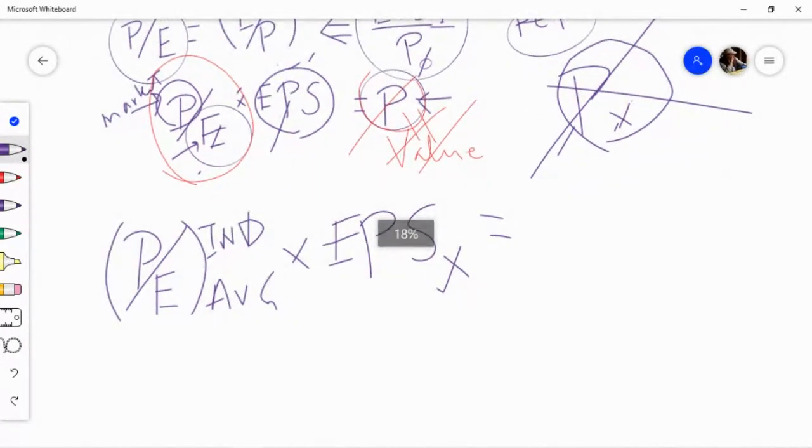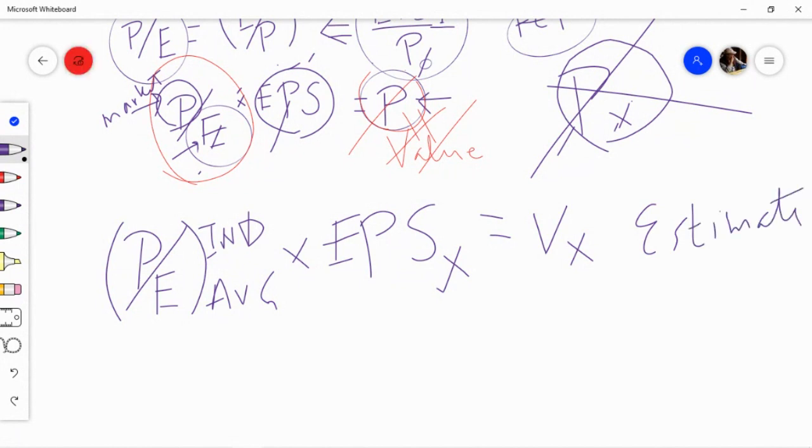We are looking for the intrinsic value of stock X, and intrinsic value of stock X can be estimated. In other words, it's not a precise number, but just an estimate.